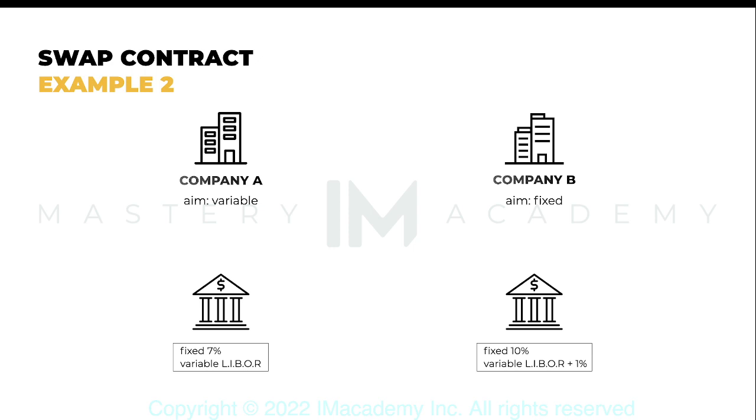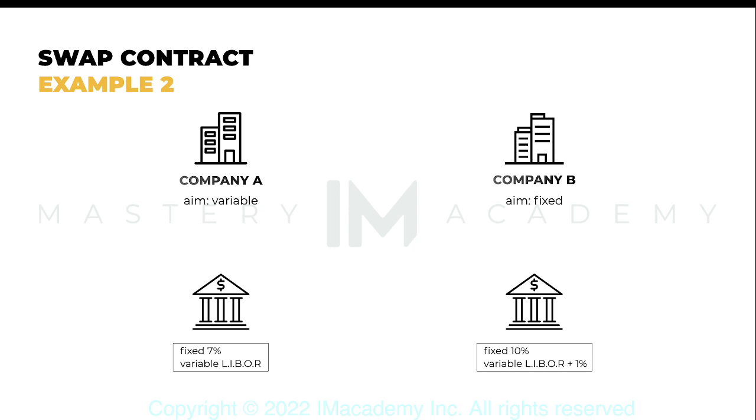You may say that it's unfair. Why is one company offered 7%, another one 10%? This is how the financial system works. If the company is well known, it's easy for them to get a loan because they have more credibility. But company B is a smaller one, so they have the worst potential rates that they can take from the bank.